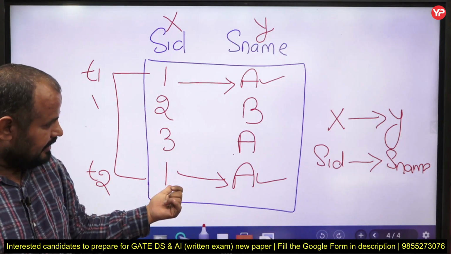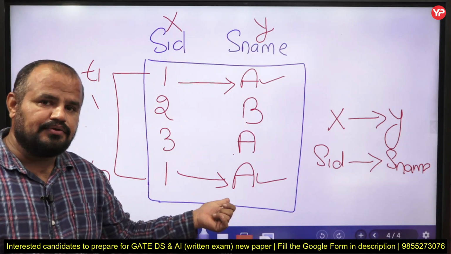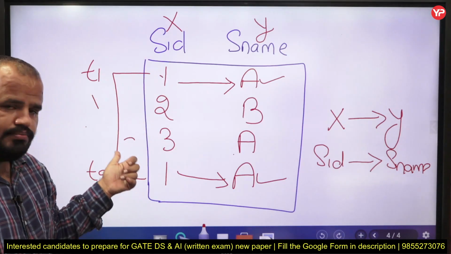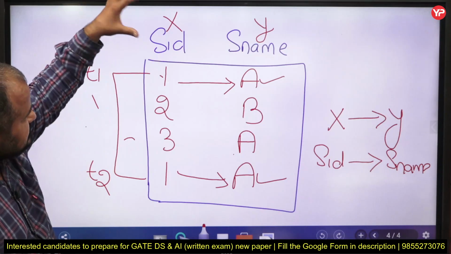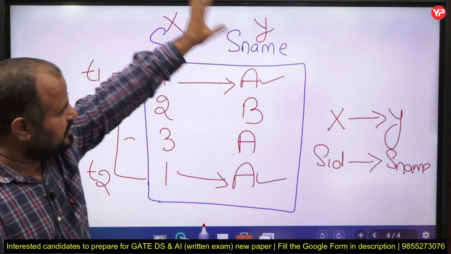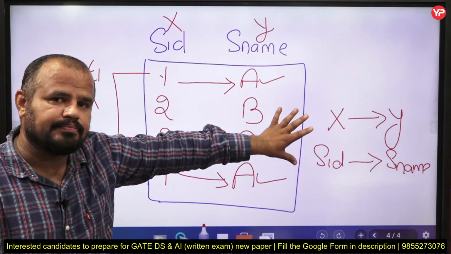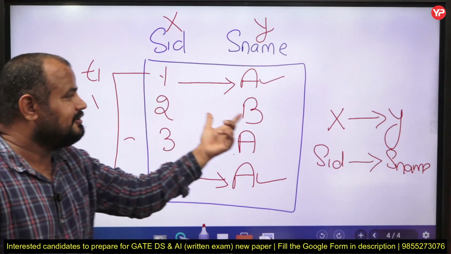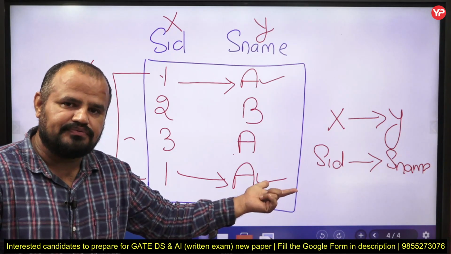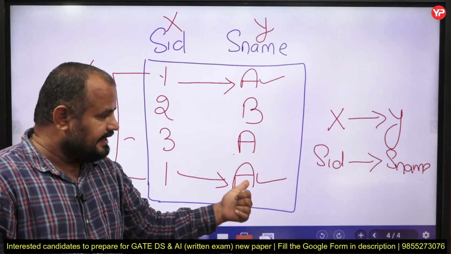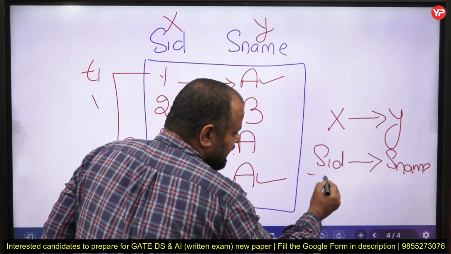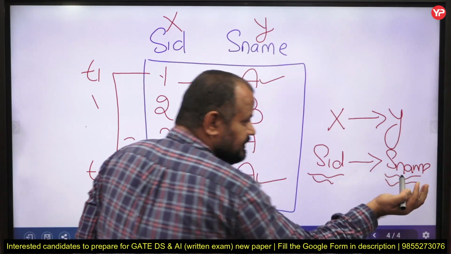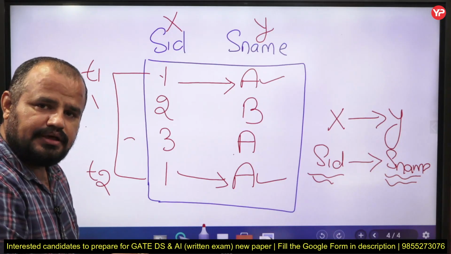Maybe here there is a chance of a duplicate record, but whenever two or more records have the same x value, then their y value should be the same. And what if x values are not the same? Then don't bother about the y values. That's why I can say with the help of SID, I can uniquely determine the name of the student, right?